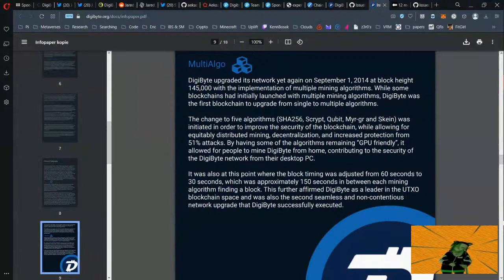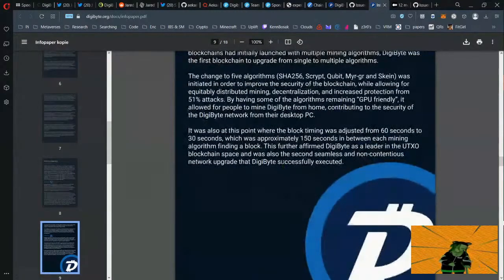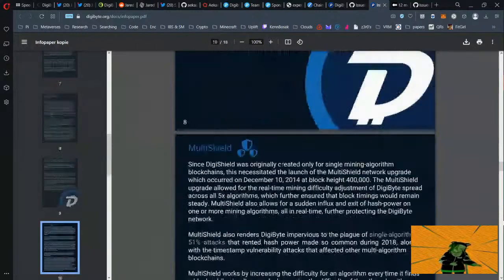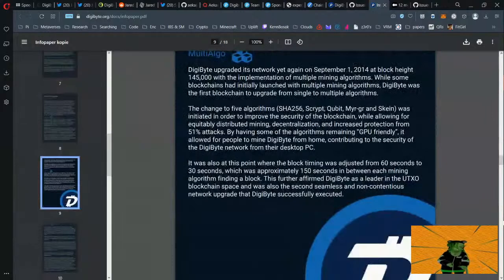So I kind of want to talk a little more about this briefly, because with this multi-algo, we do see both good and bad in having it. Eventually, they're talking about in here, there's a growth point where they're going to need to add more algorithms, because they know this isn't a solution. It's like a band-aid.